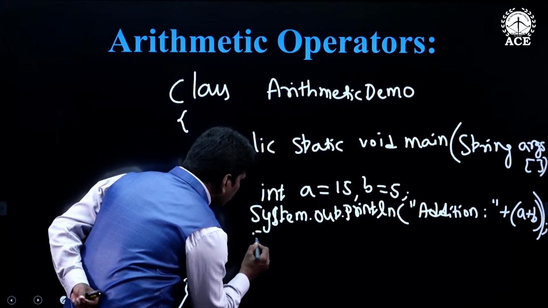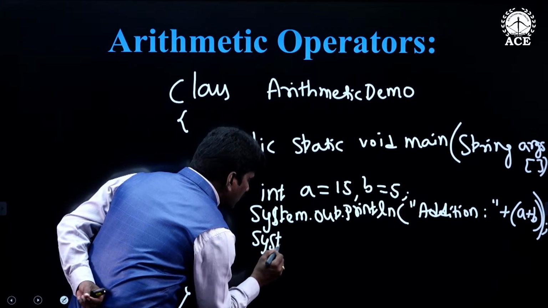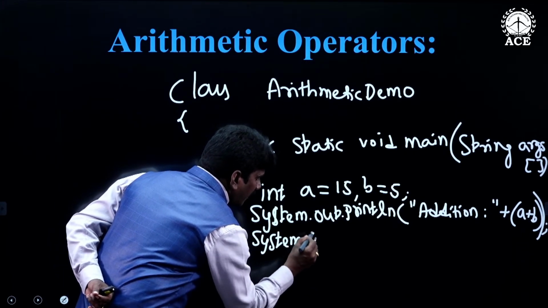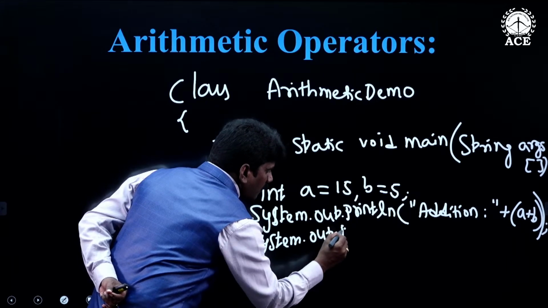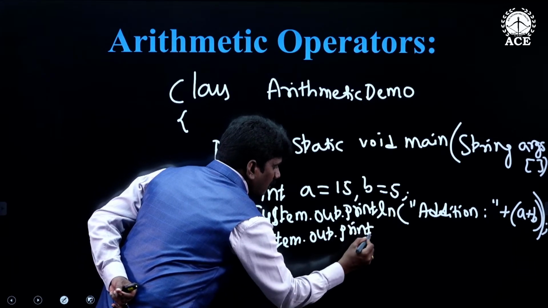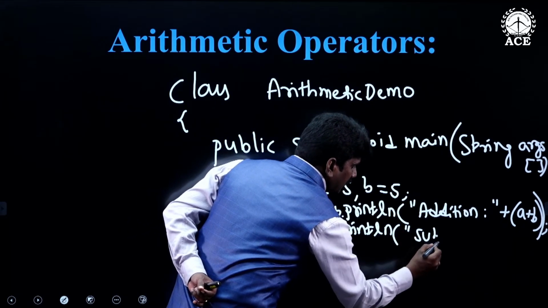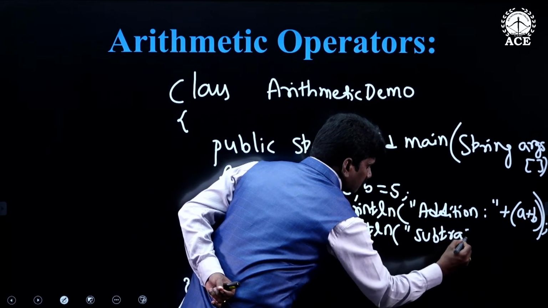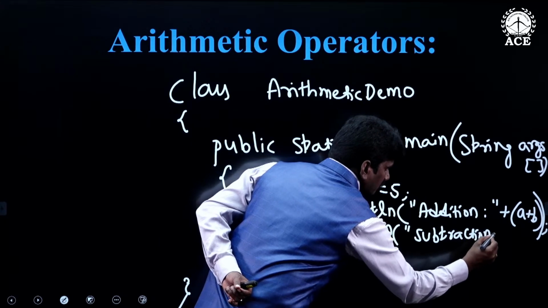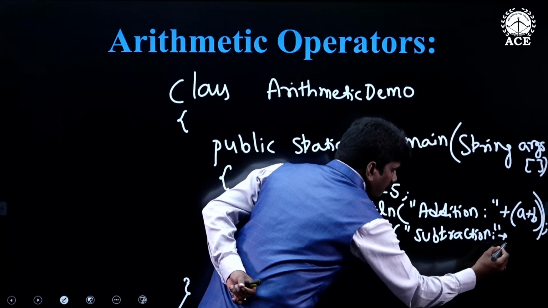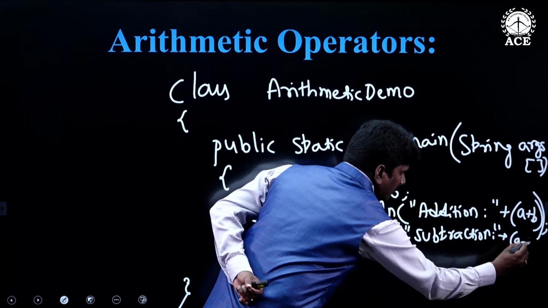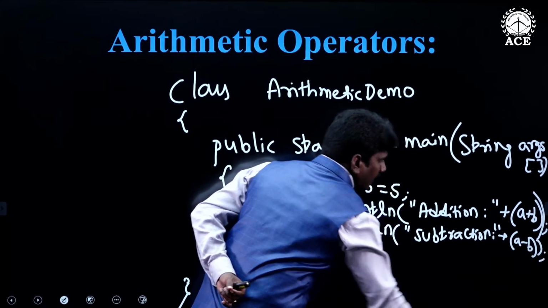Next one more. Like this we can write for different arithmetic operators. System.out.println subtraction plus, within brackets, a minus b, semicolon.